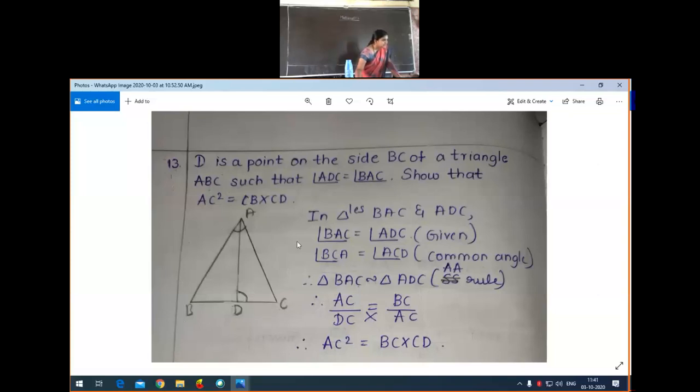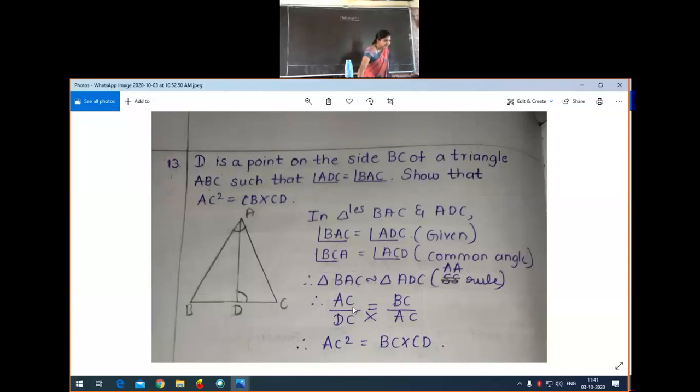So the AC side of triangle ABC divided by the DC side of triangle ADC is equal to the BC side of triangle ABC divided by the AC side of triangle ADC. We write this ratio because in similar triangles, corresponding sides are in proportion, or the ratios are equal.